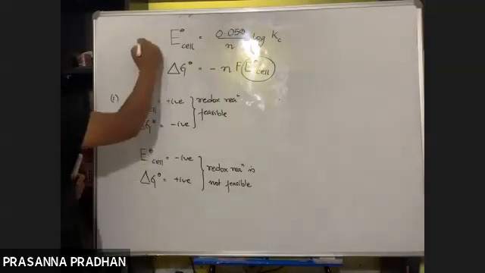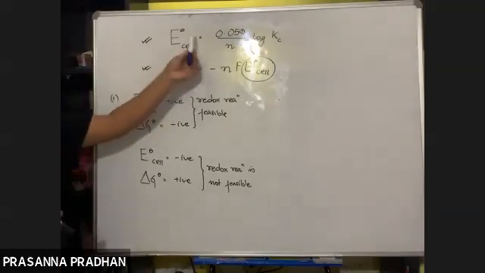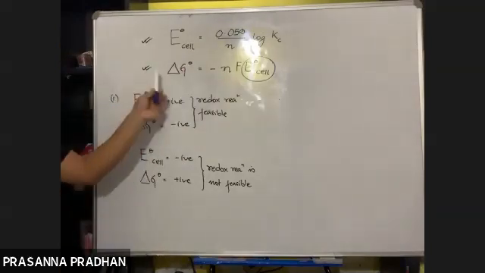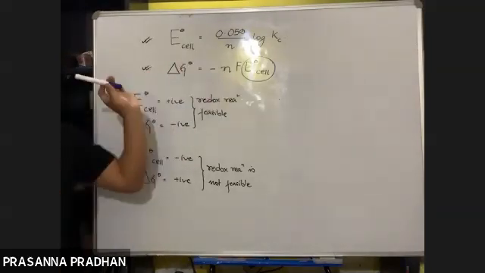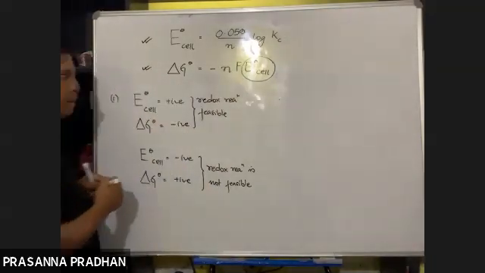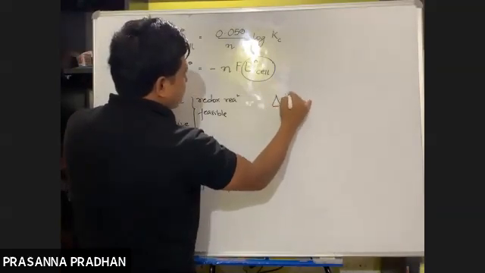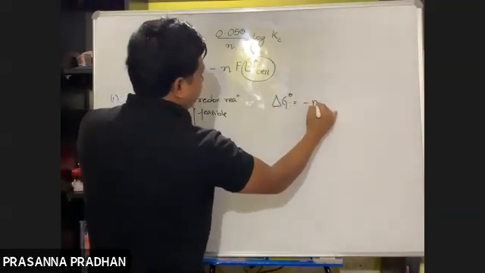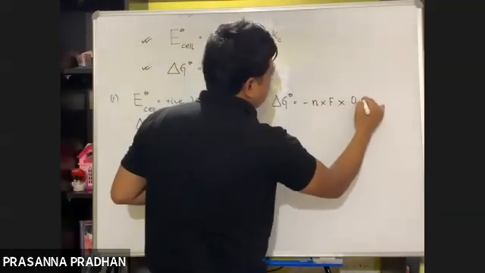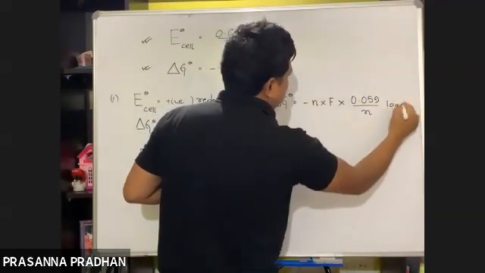Now again from these two equations, we know E naught cell equals 0.059 by n log Kc, there is no minus sign here, and delta G naught equals minus nF E naught cell. So let us substitute the value of E naught cell here. After substituting, delta G naught will be equal to minus nF into 0.059 by n log Kc.